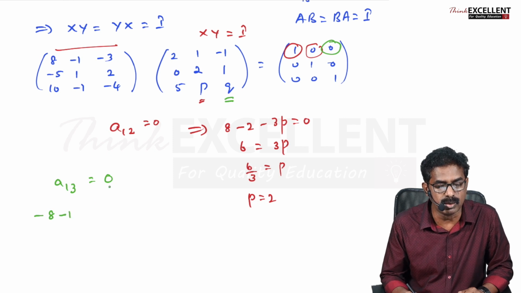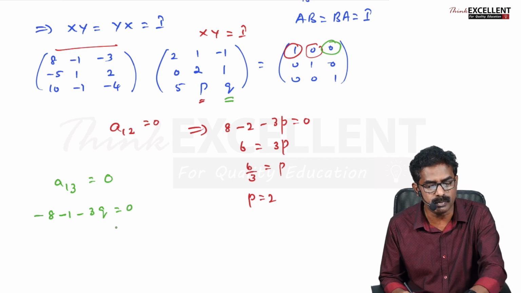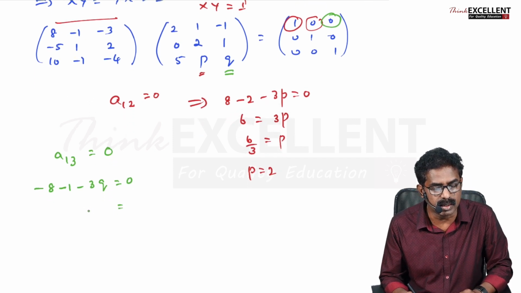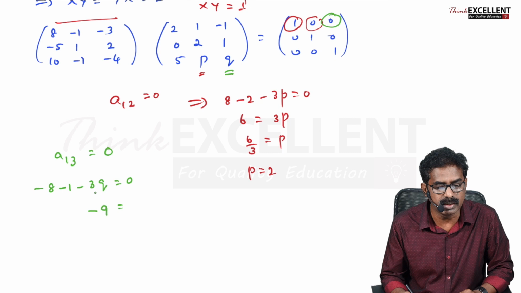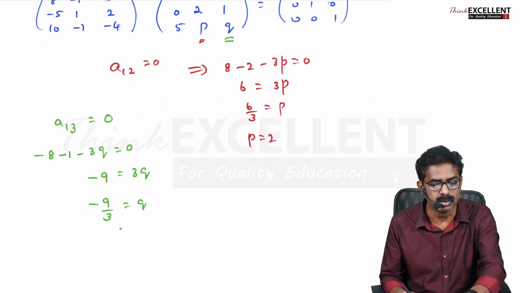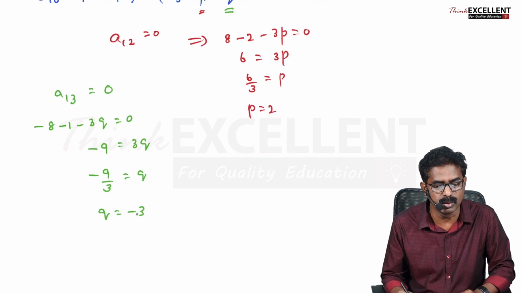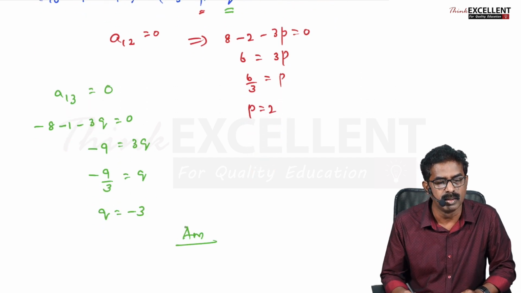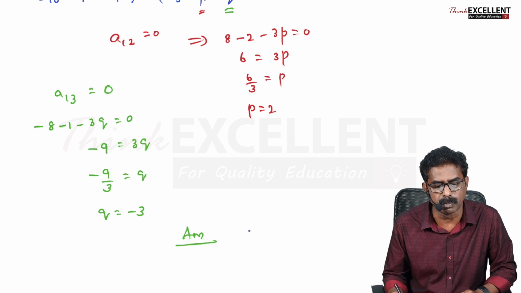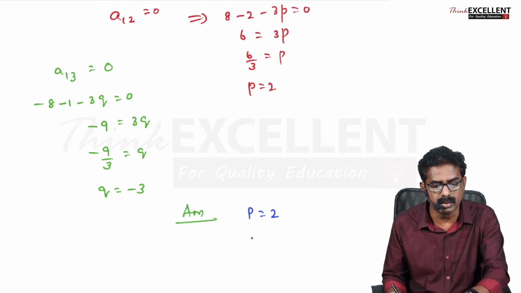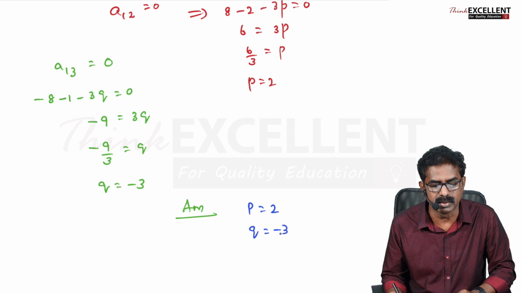Minus 3 into Q, minus 3Q equal to 0. So minus 9, minus 3Q, take that side, plus 3Q. So Q equal to minus 9 by 3. So Q equal to minus 3. They asked to find P and Q, that's all. So P value 2 and Q value minus 3.